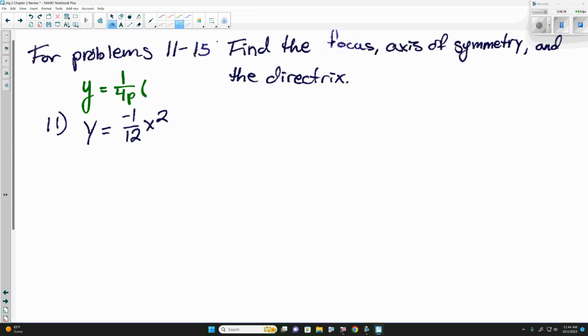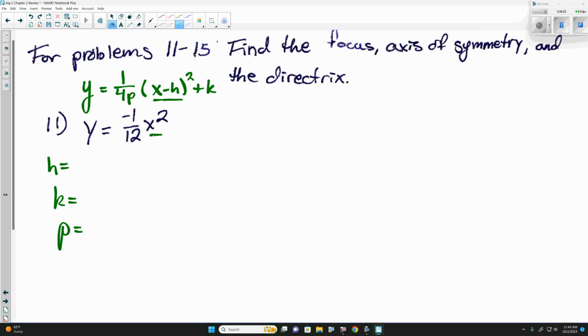And for this here, we have y equals 1 over 4p times x minus h squared plus k. And for this here, we need to find the values of h, k, and p. Now the value of h for this one here is inside the parentheses.